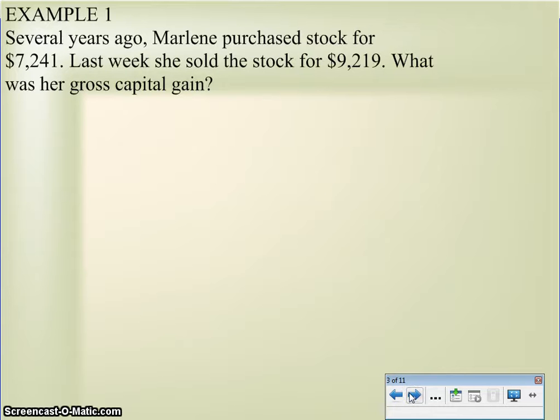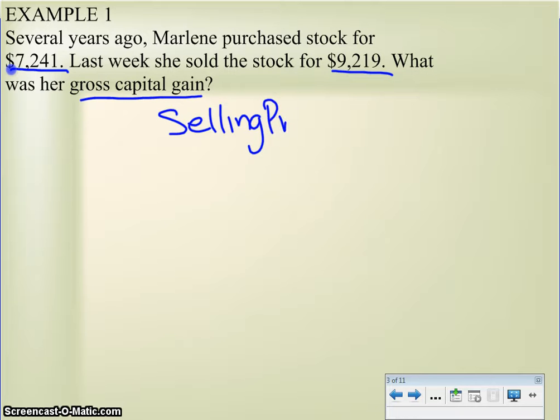Example 1. Several years ago, Marlene purchased stock for $72.41. Last week, she sold the stock for $92.19. What is her gross capital gain? So to do this, we're going to take the selling price and we're going to subtract the purchase price.